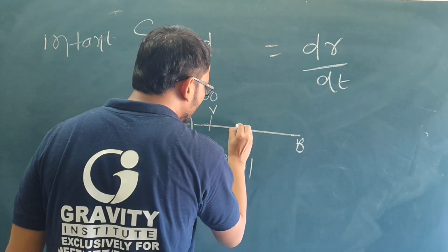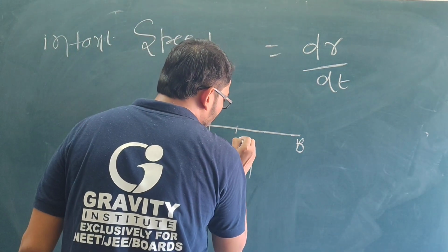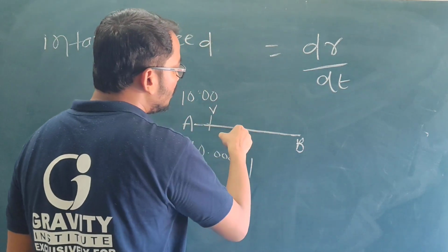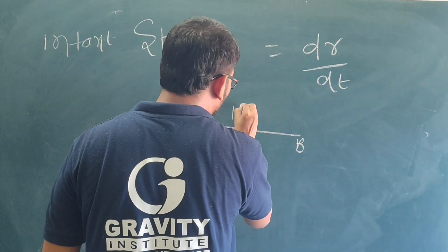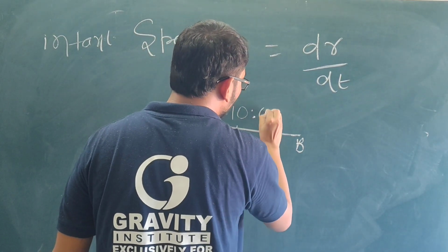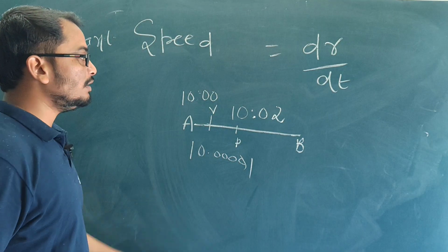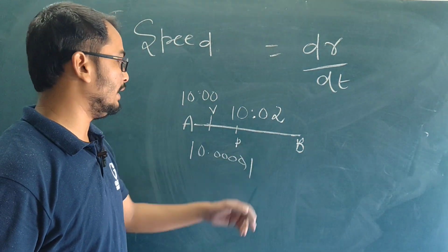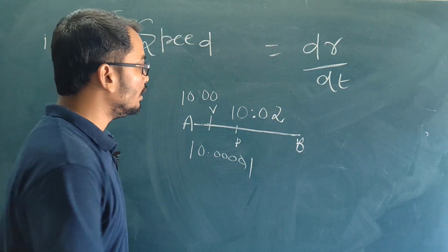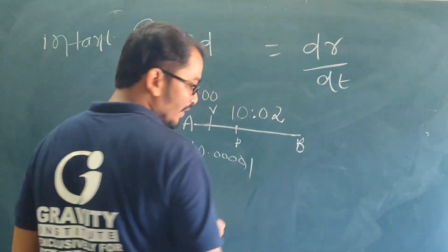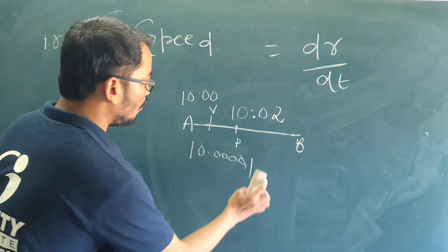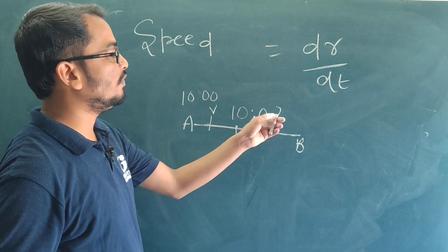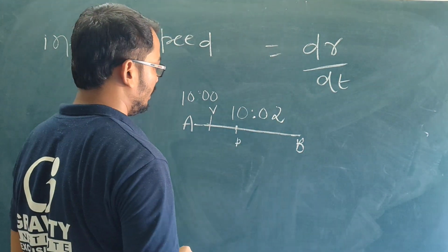Suppose this point is Q, at a time of, say, 10 hours 2 minutes. If I talk about the velocity at this point, it will be instantaneous velocity.